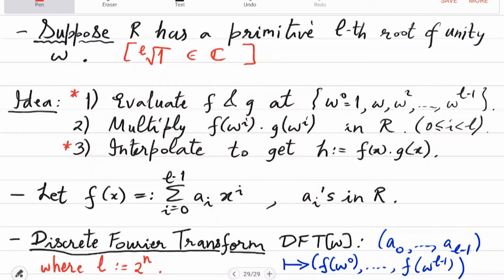Because in step 2 you multiply the values, and then from the values you want to go back to the polynomial h. So that is nothing but the inverse of DFT omega. So what is the inverse of DFT omega?